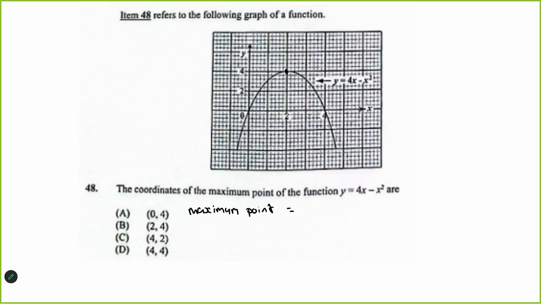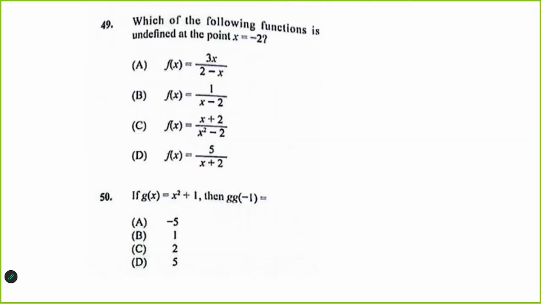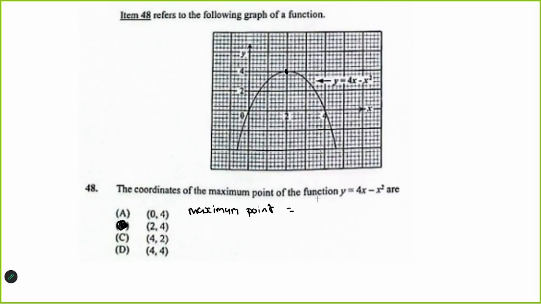So where does it turn? x is 2, y is 4. x is 2, y is 4, that's B. So please know that your maximum point is also known as your turning point.